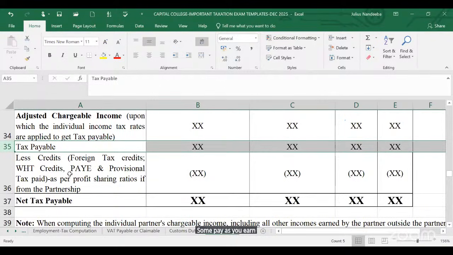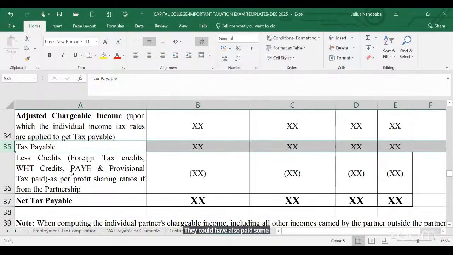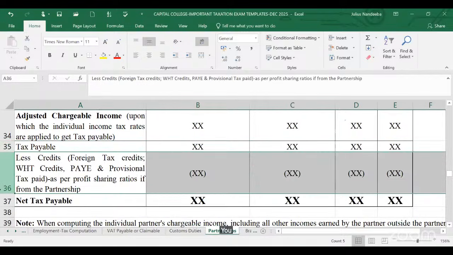As they earned some employment income from the partnership, they could have also been charged pay as you earn. It is now their credit because you are charging them on tax again, on salary again. They could have also paid some provisional tax, you also remove it. So when you get the tax payable, you remove all the credits, you get the net tax payable that you are looking for each of the partners.